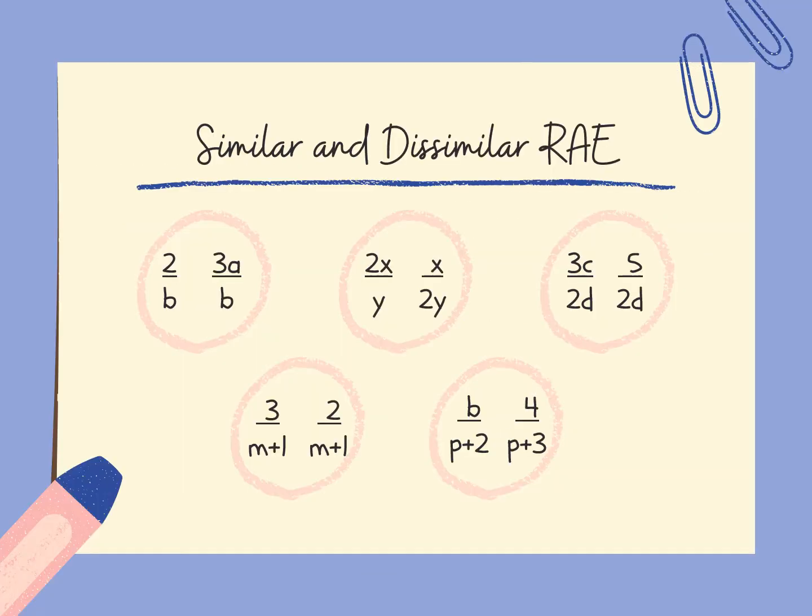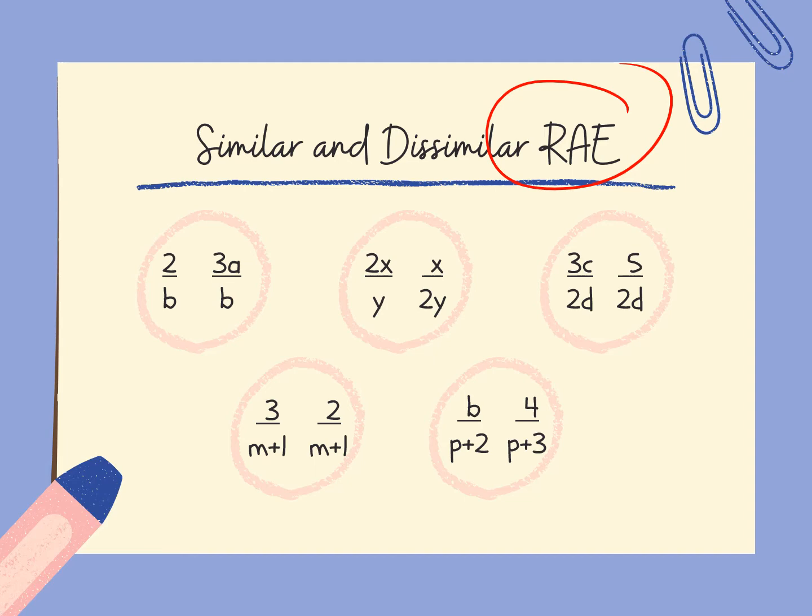If there are similar and dissimilar fractions, there are also similar and dissimilar rational algebraic expressions. In identifying which is similar and dissimilar, it is the same as how you identify similar and dissimilar fractions. You just have to look at the denominator. If they have a common denominator, then they are similar. Otherwise, they are dissimilar.